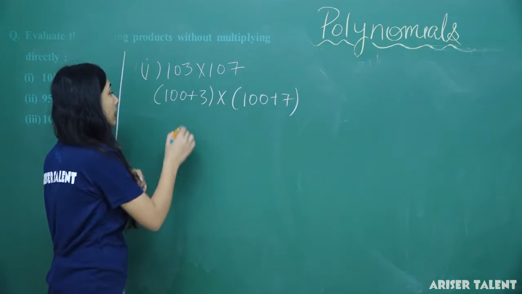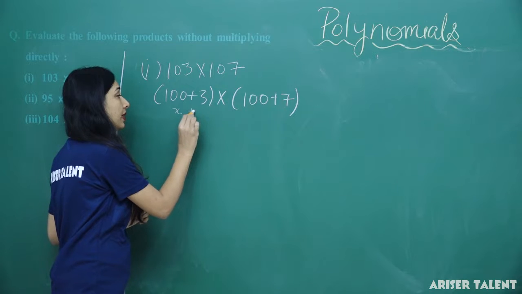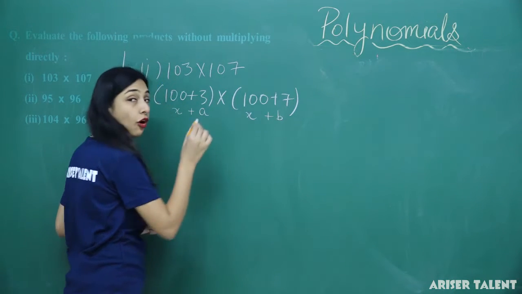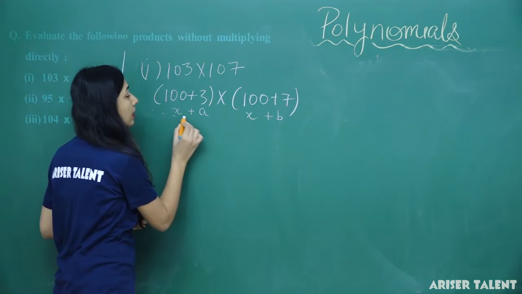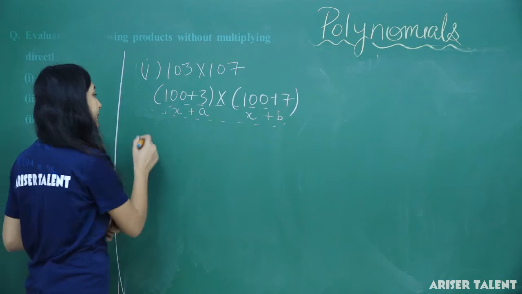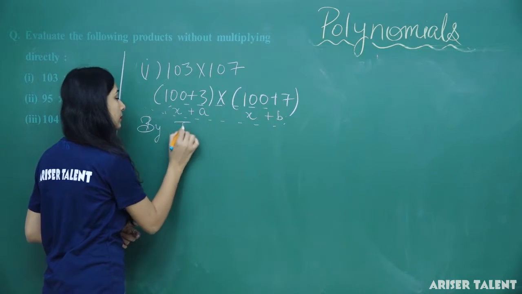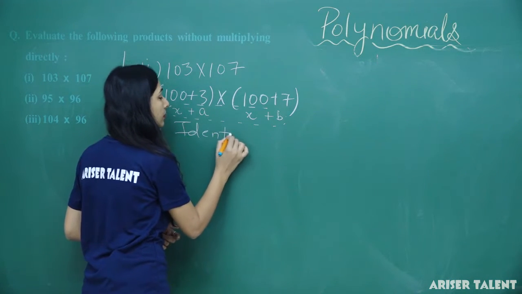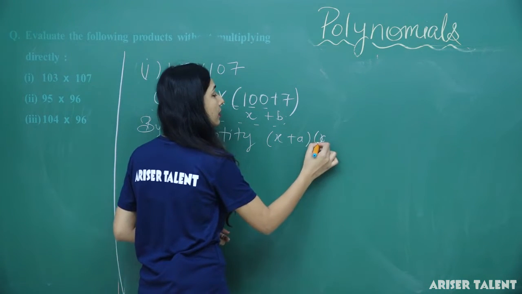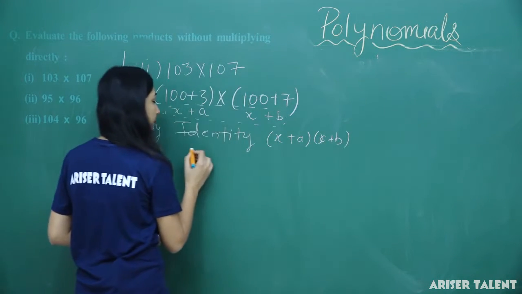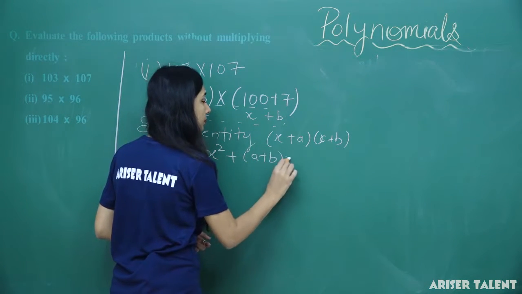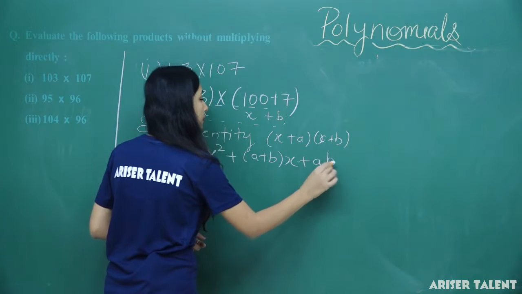Now look at this, this is x plus a, x plus b format, isn't it? Look at it very carefully, this is the same format. So by identity, which identity? x plus a, x plus b equals x square plus a plus b times x plus ab.